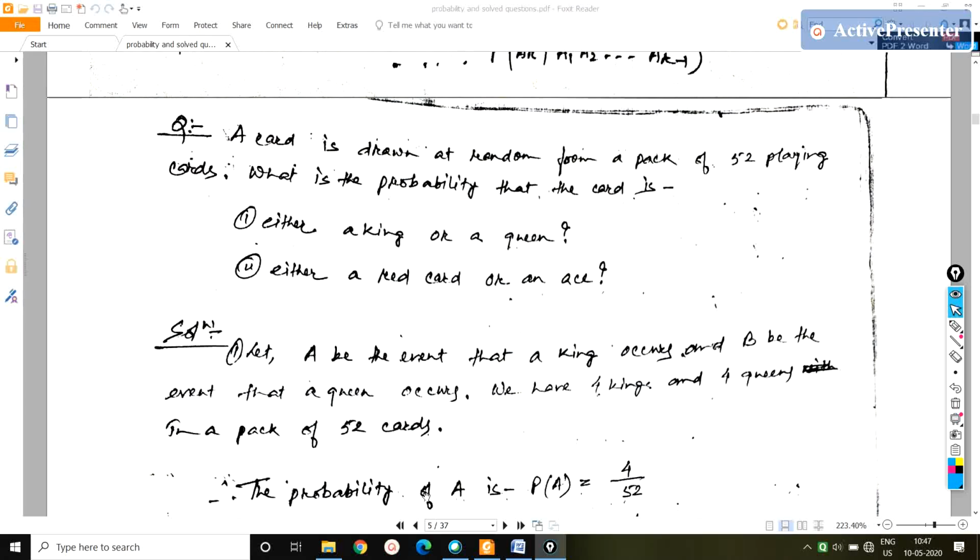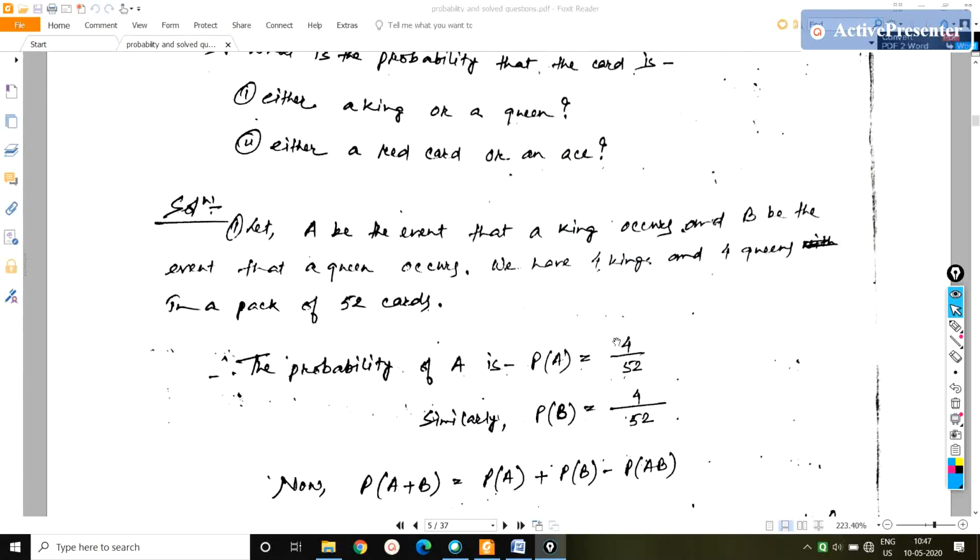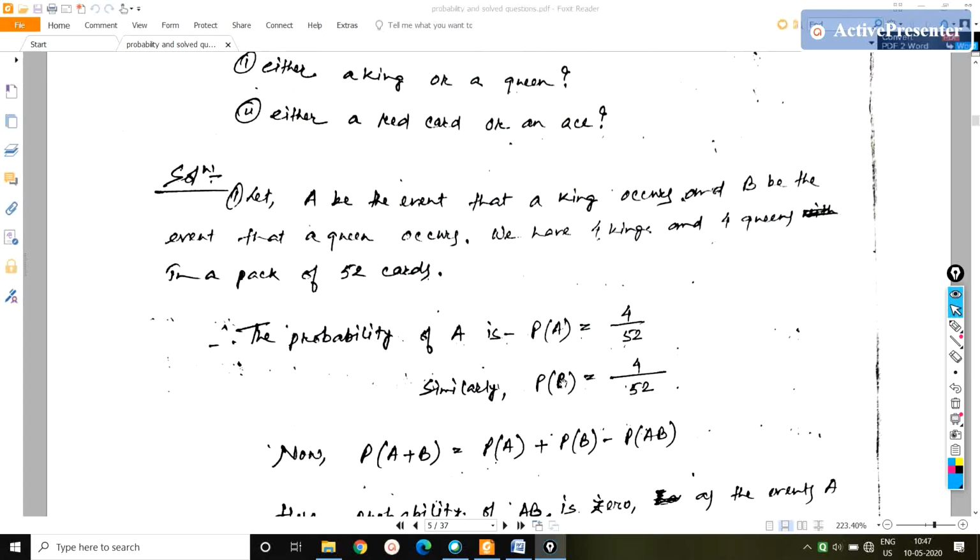Therefore the probability of A, that is the probability of getting a king, is simply 4, favorable cases, by total number of cases, that is 52. Queens are also 4 in number, so the probability of B will also be 4 by 52.